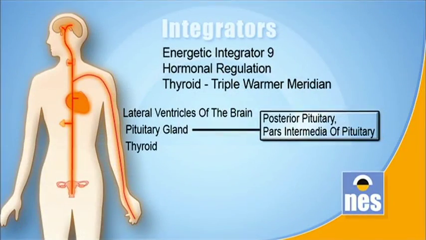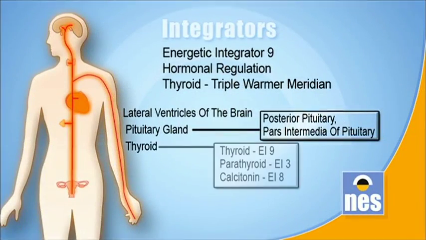So we do a very general treatment and it should settle down. The thyroid itself, you can treat with Integrator 9, the parathyroid treat Integrator 3, and if you think calcitonin is there but it's not doing anything, you can use Integrator 8 for that.